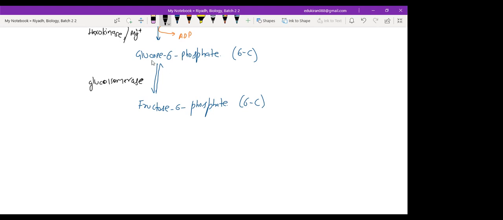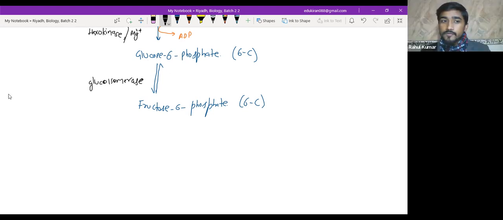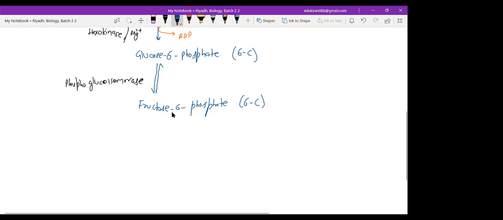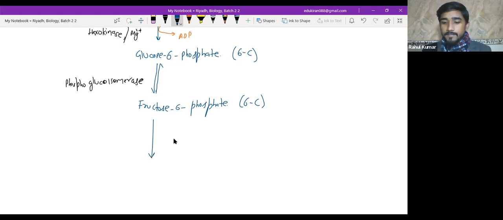And this is a glucose phosphate, so it should be phosphoglucoisomerase. Just simple. Easy to remember. No mugging up. Phosphoglucoisomerase converts glucose 6-phosphate to fructose 6-phosphate, and it's a reversible reaction. Is it clear, everyone? Yes, sir. Still, it is a 6-carbon molecule. Okay. Now, at the next step, what happens?